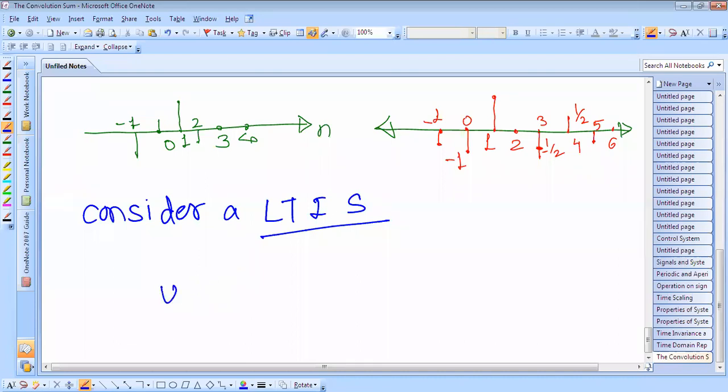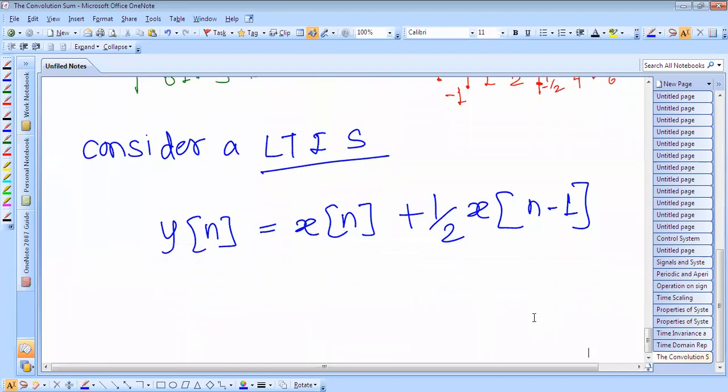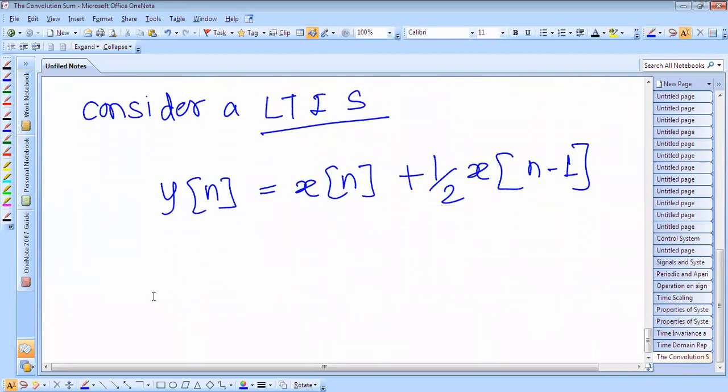It is given by the system y of n is equal to x of n plus half into x of n minus 1. So this is the system given to you, and we will solve this in the next lecture. If you solve this problem, we will get the ideas very clear.